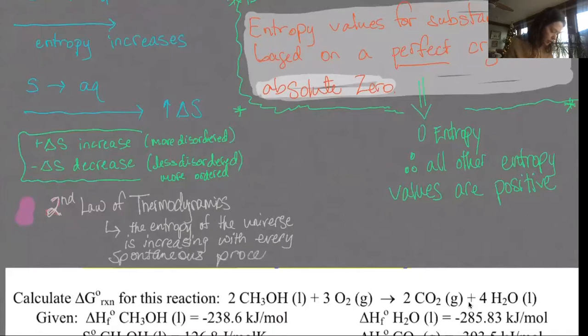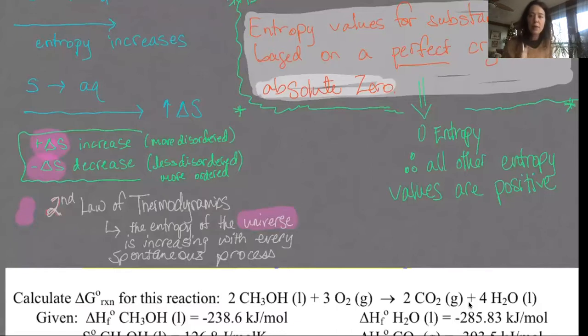Now, I need you to realize that this says universe. We won't be talking about the universe. We will be concerned with the system, and we will see both entropy increasing and decreasing.